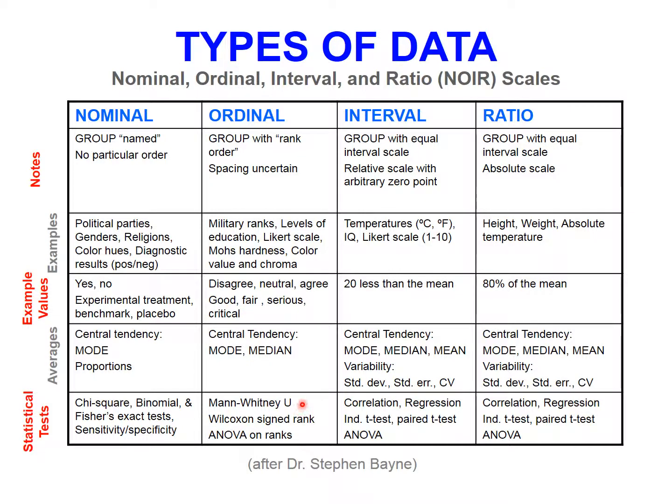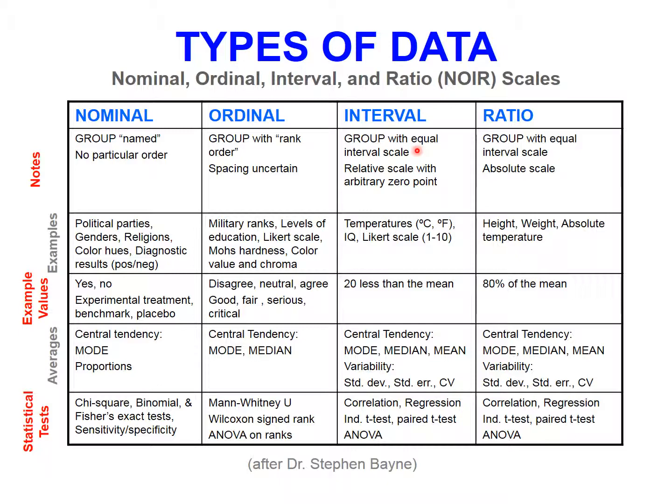Now, coming to interval data. Interval data, now we have quantitative numbers and they have an equal interval between the numbers on the scale. So if we were counting 1, 2, 3, 4, 5, 6, and we knew that the difference between 2 and 1 was equal to the difference between 3 and 2, then that would be interval data. It has equal intervals.